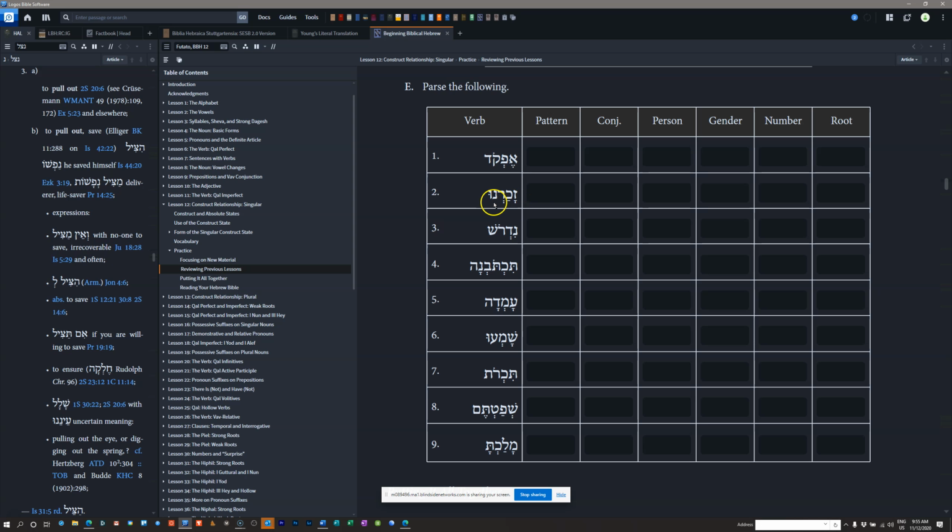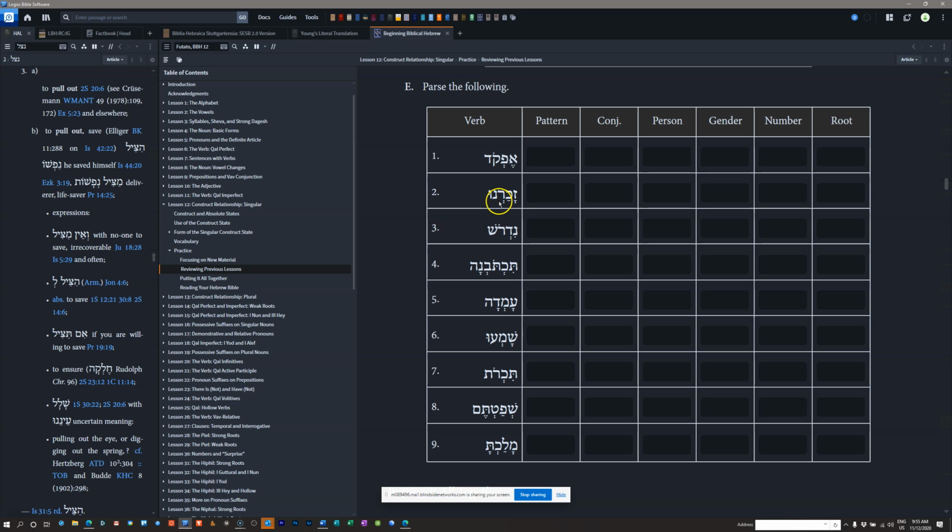Number 2, zacharnu. How many letters am I supposed to have? 3. How many do I have? 5. So what's extra? Well, is zayin ever used as a prefix? No, so zayin must be part of the root. What about the suffixes? Is shureq ever used as a suffix? Yeah. We use shureq as a suffix without a prefix in the qal perfect 3cs, but if this is a suffix, just the shureq here, I've still got 4 letters, so something else is extra.